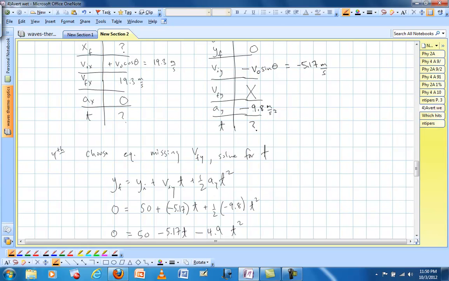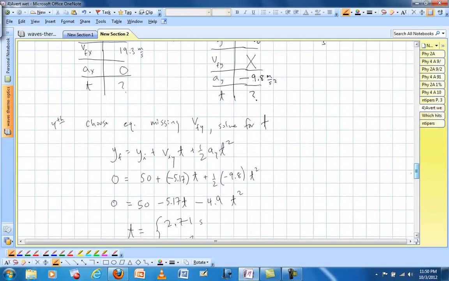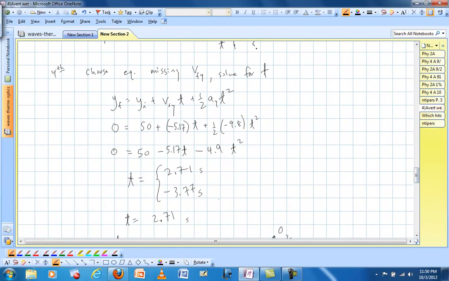So negative 9.8, negative 5.17 for my acceleration and for my initial velocity. And I end up with a quadratic equation. So I have 2 roots for time, a positive root and a negative root. And negative time doesn't mean anything to us physically, so I'll throw that one out, and I'll set my time equal to 2.71 seconds.